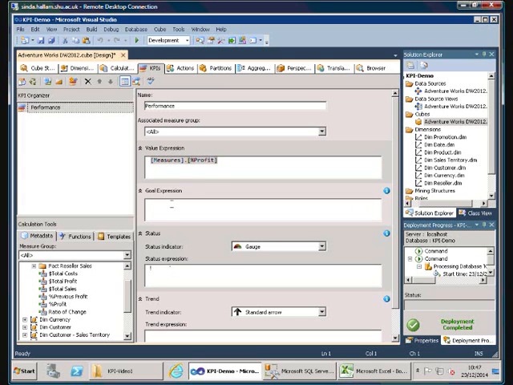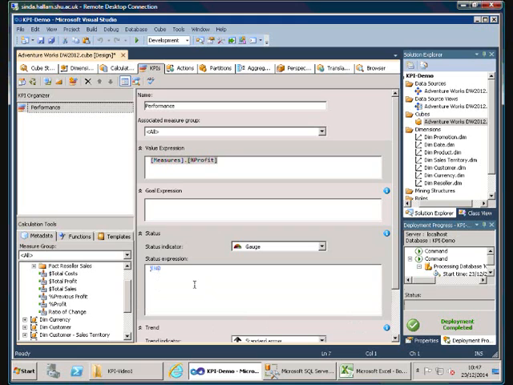We would like to detect whether the profit is good, okay or bad, and the way to do that is to write a small expression which I'll paste in, and then we'll go and look at it. So this is saying when the percentage profit is 15%, then that is good.